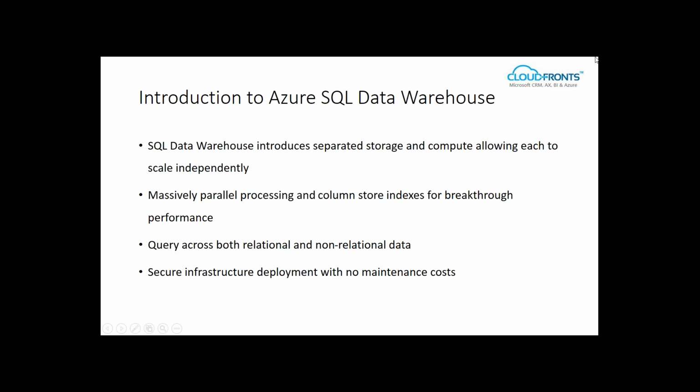Now we'll see what a column store index is. Column store indexes are the key to achieving fast query performance on data warehouse queries by using column-based storage. Column store indexes get up to 5 times compression gain over traditional row-oriented storage and up to 10 times query performance gain.